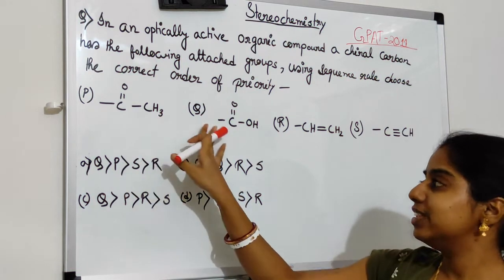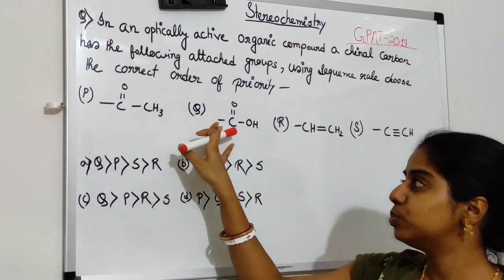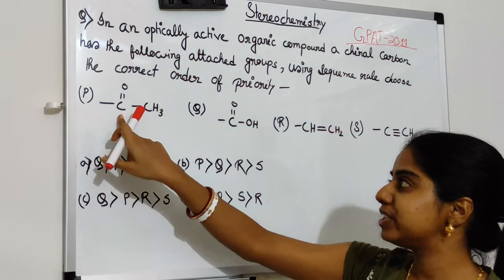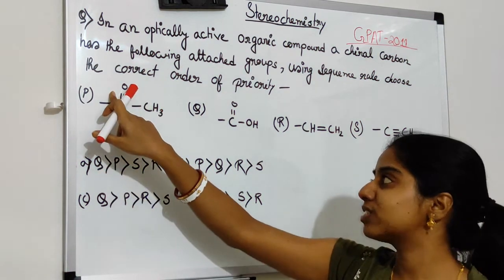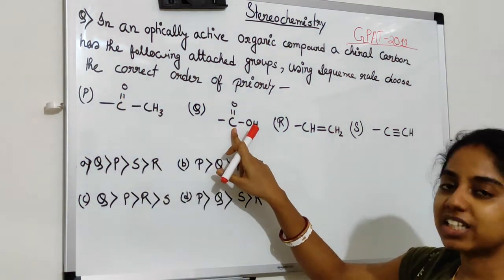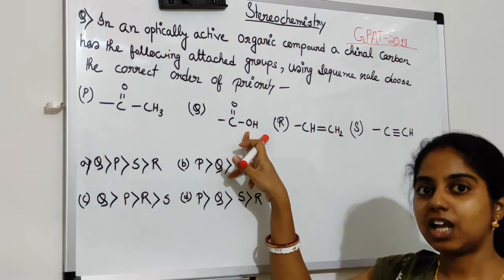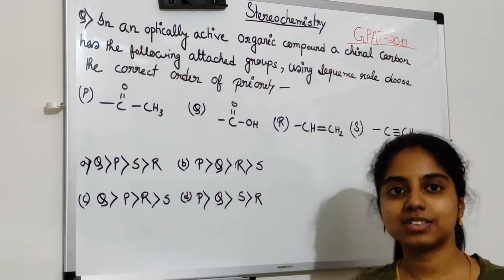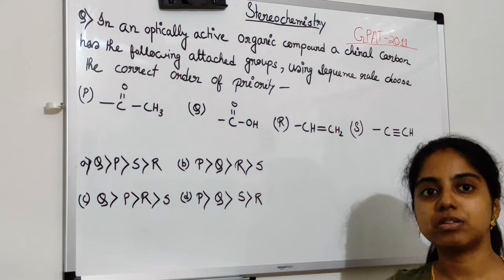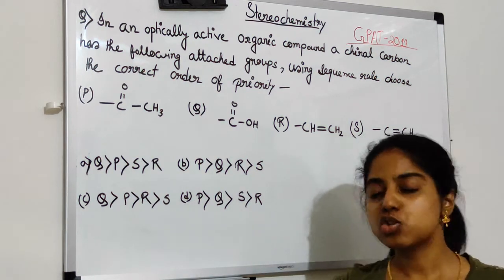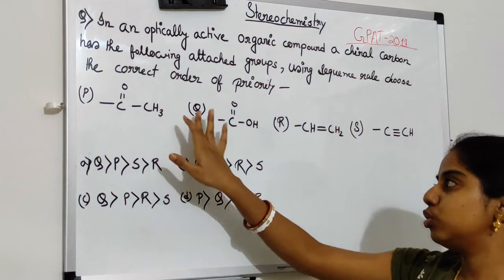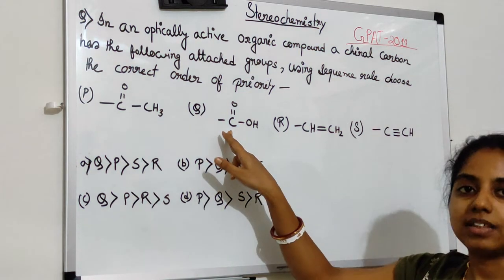Among these two groups, this carbon is attached with one carbon and one oxygen, but this carbon is attached with two oxygens, and we all know that oxygen has a higher atomic number as compared to carbon. So among these two groups, this group has more priority.